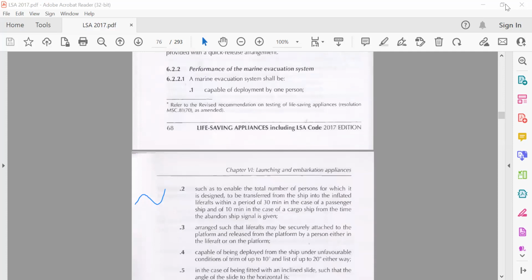I think majorly marine evacuation systems, from the one I've seen on a cruise liner, have this evacuation system on the side where the life rafts are also fitted together on that platform. Some ships are specialized to have this marine evacuation system and platforms, just like Captain properly said.